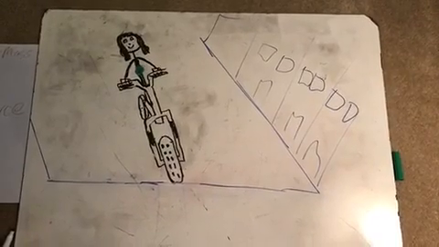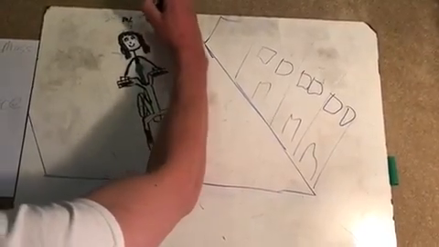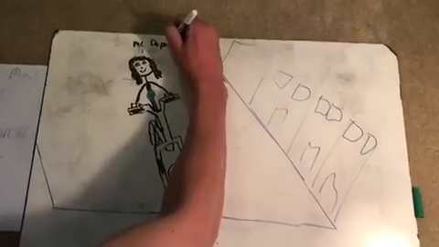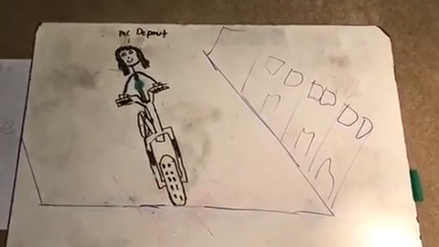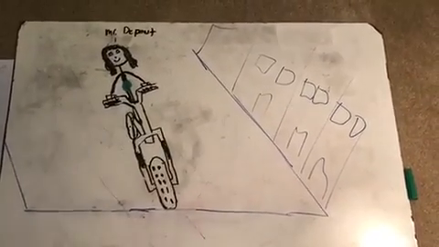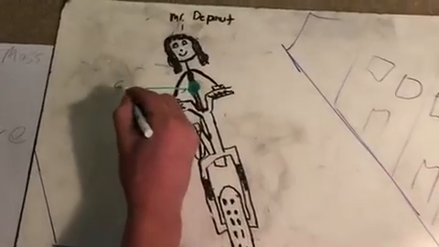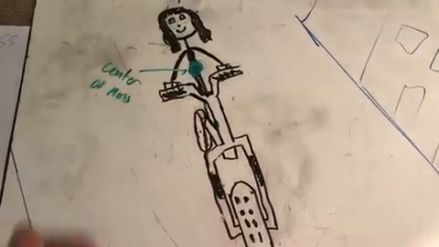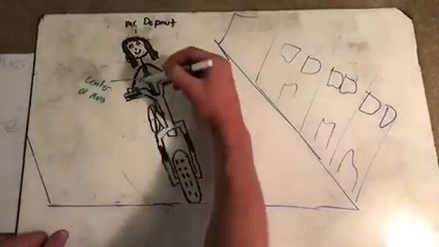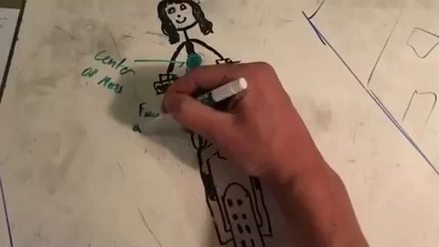Okay, so here we have teenage Mr. DePriest. And he's just riding a bike down the street, leisurely ride, and he's taking a turn here. So in the green right here, we have his center of mass. And one of the forces that's acting on his center of mass is going to be the force of gravity.